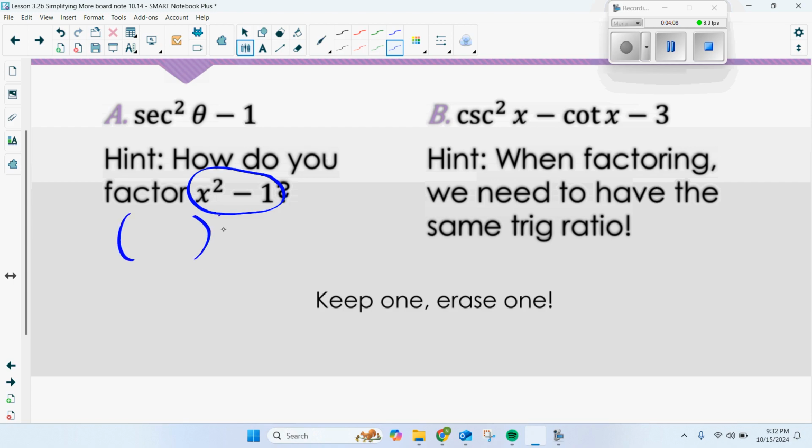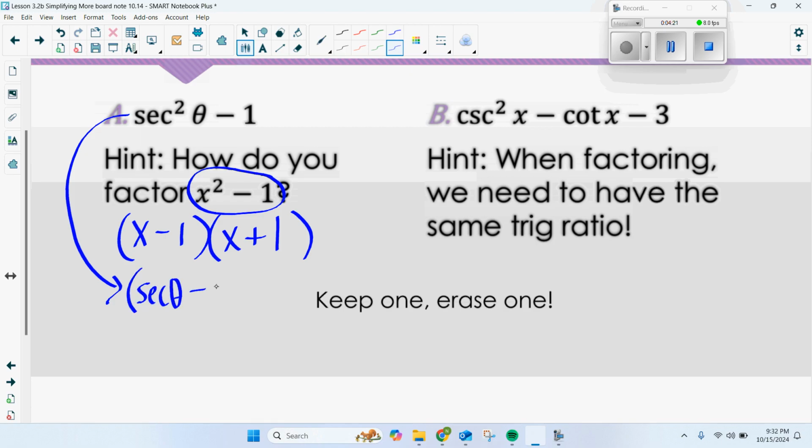You might remember that when you factor x squared minus 1, that's going to be x minus 1 and x plus 1. So if I'm trying to factor secant squared minus 1, it's going to be secant theta minus 1, secant theta plus 1. Okay, that's how you would factor that expression.